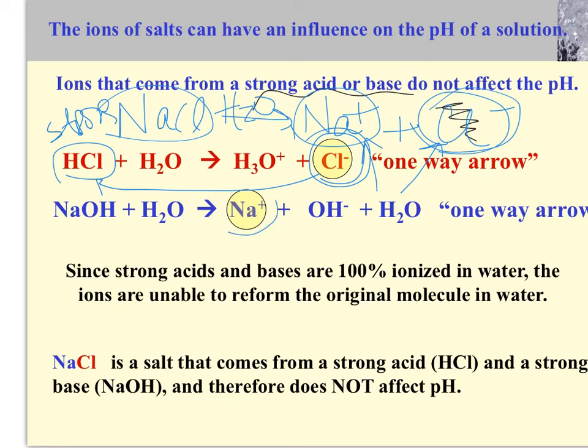Sodium cation, likewise, comes from sodium hydroxide, which is also a strong base, and so the sodium cation has no effect on the pH of a solution. So if you determine they come from a strong acid or base, it ends up being a neutral salt solution.